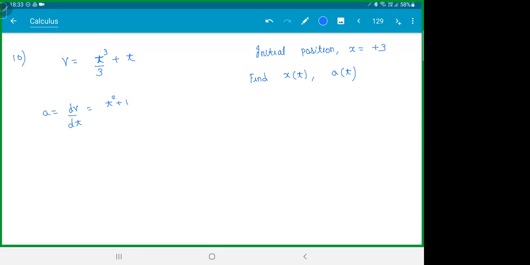See, so velocity will be dx by dt is equal to t cube by 3 plus t. So dx will be t cube dt by 3 plus t dt. Integrate this.